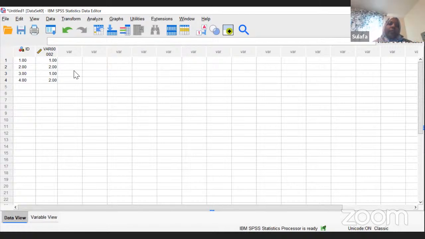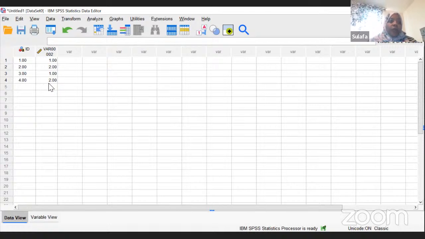So if I take a look at the screen, I will know this ID is actually a character or name or anything, and I will know variable 2 is numeric, and I can do my manipulation here, subtraction or addition or anything.